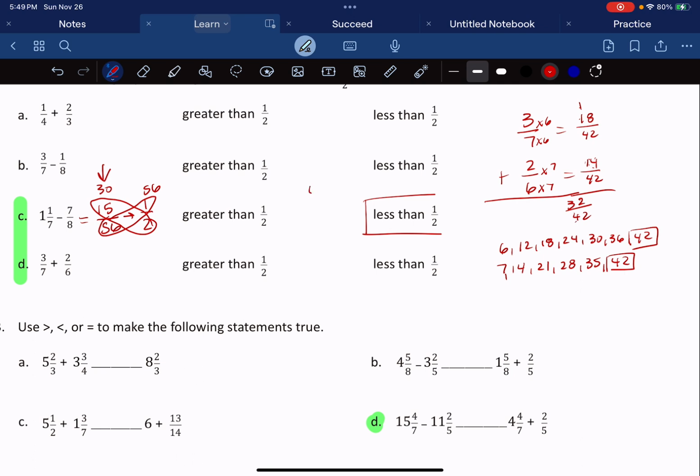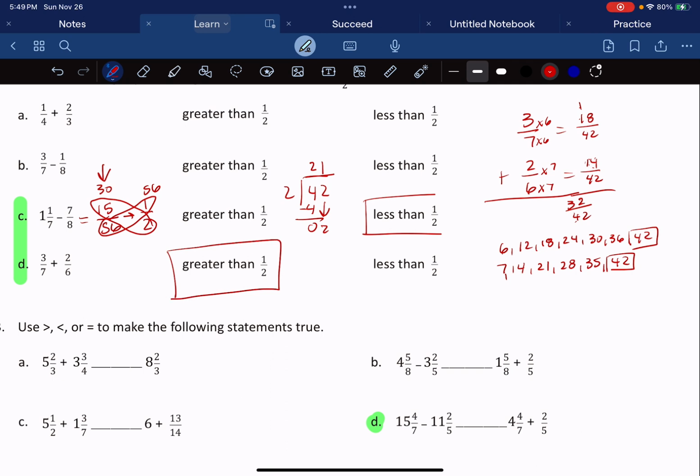Again, I can take that 42, divide it by 2, see how much a half is. I can make 2 groups of 2 with 4. I can only make 1. So in order to have a half, I need 21. I have more than 21. I have 32. So that's going to tell me that this is greater than a half.